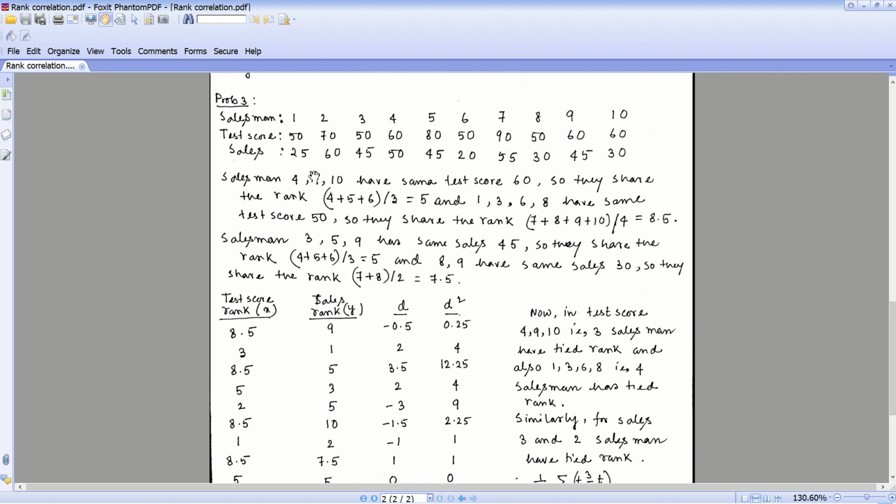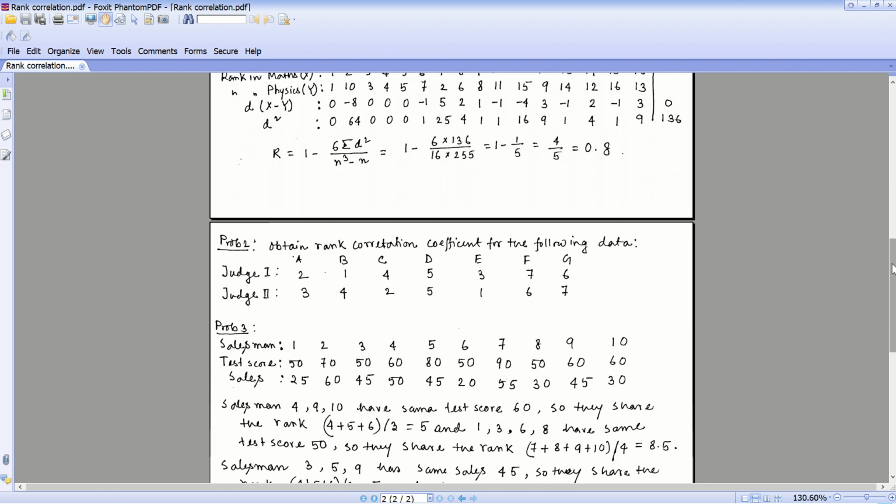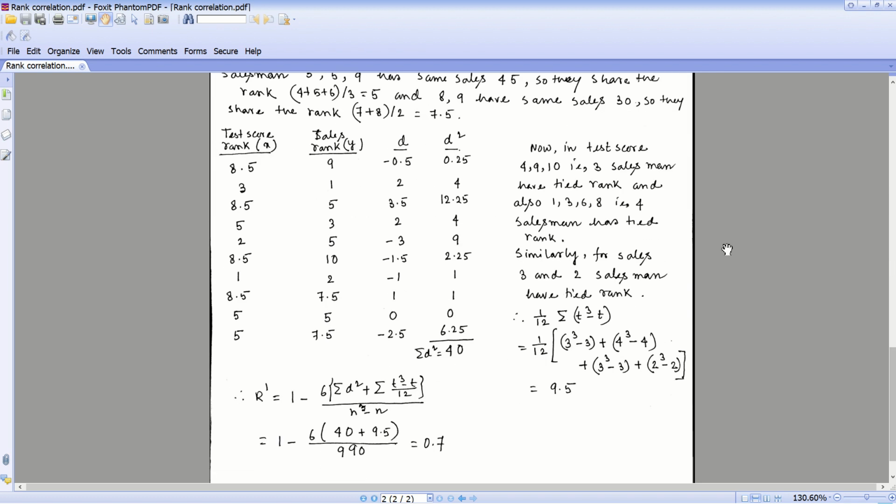So in this case T will be 3. In this case T will be 4. So like this way we have calculated this component: T is equal to 3, T is equal to 4, T is equal to 3, T is equal to 2.